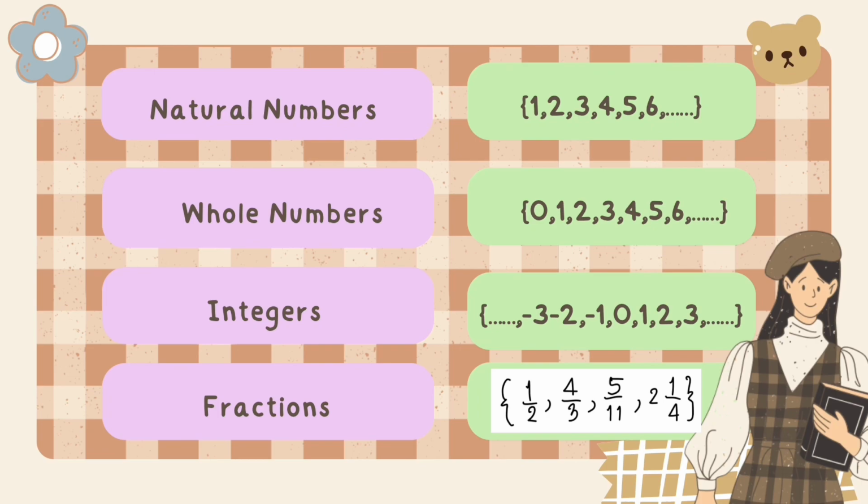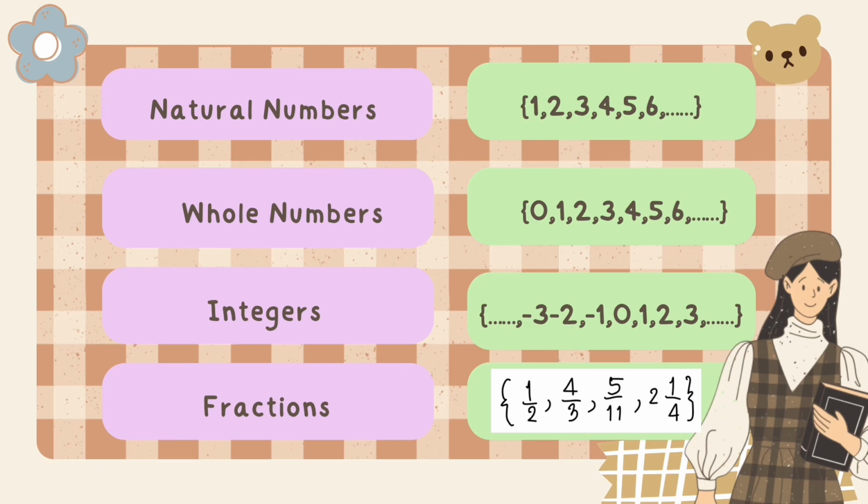Integers include the numbers greater than 0, for instance 1, 2, 3, 4, 5 till infinity, and also the numbers smaller than 0 like -1, -2, -3, which are also part of the integer number system.